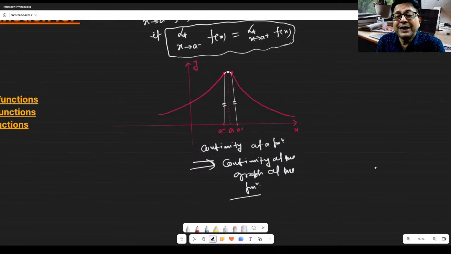So we can define continuity of a function at a point like this.